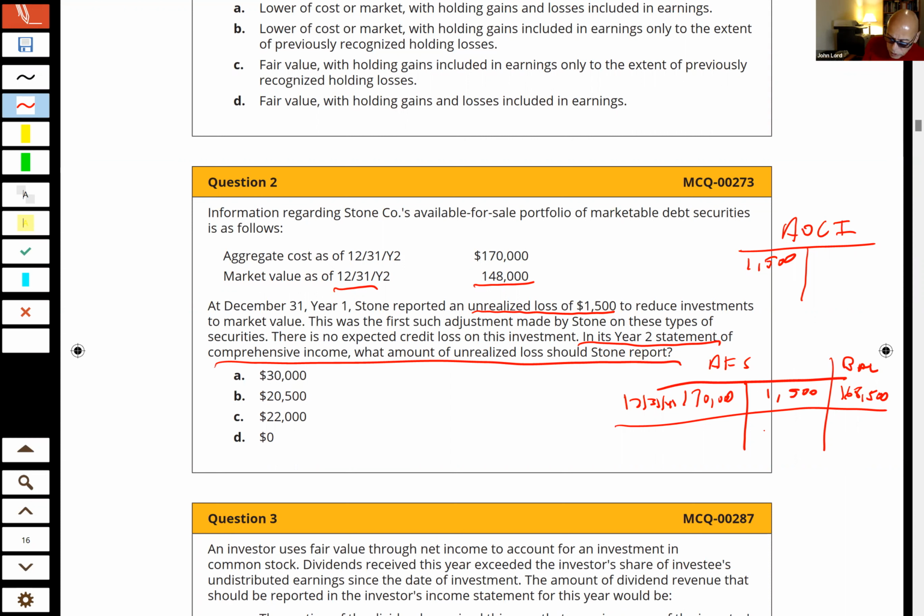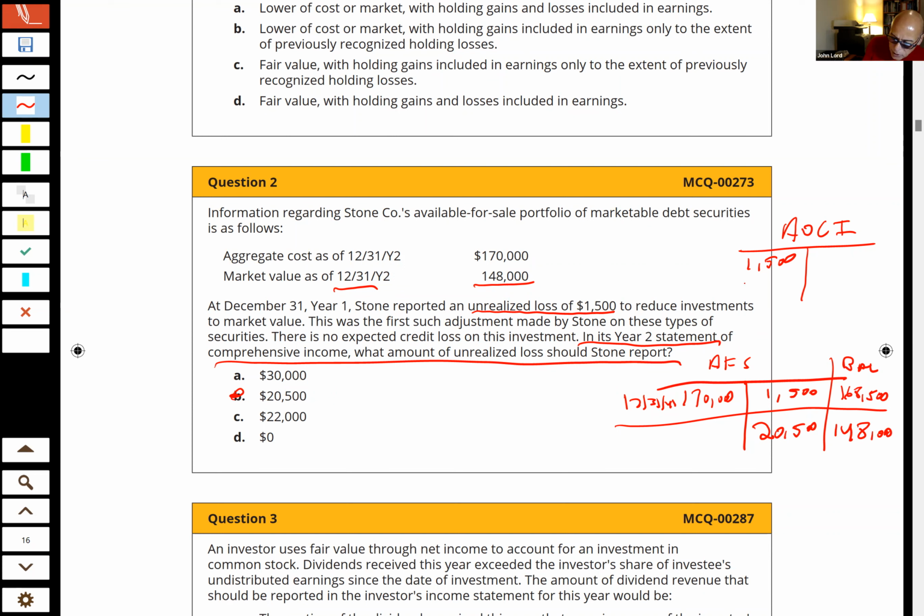Which is going to take an additional 20,500 of loss. And that is the answer to this question. That brings it down to the 148.